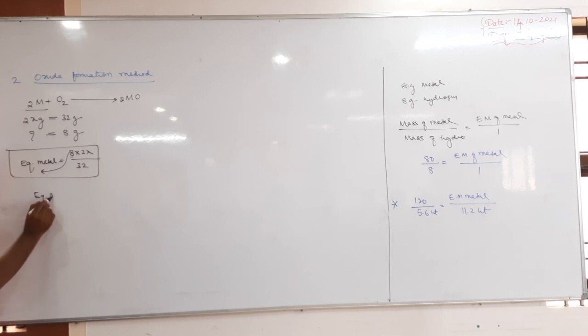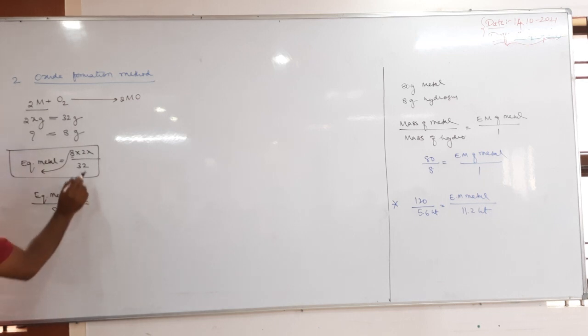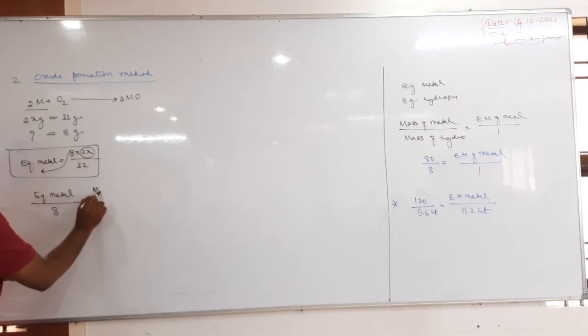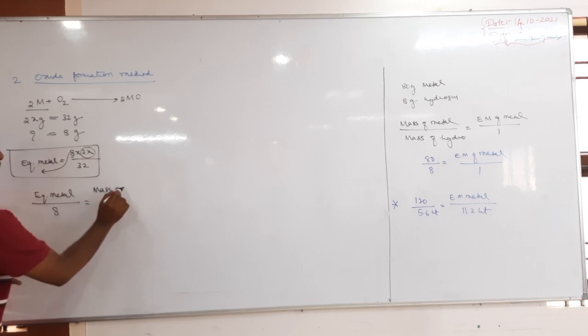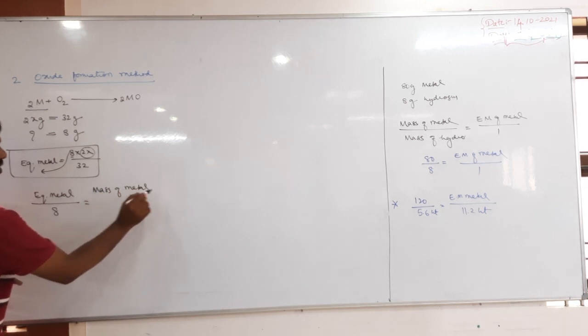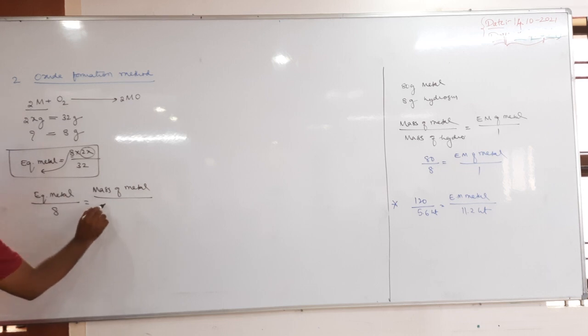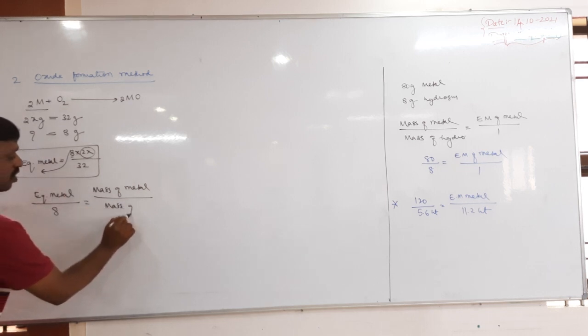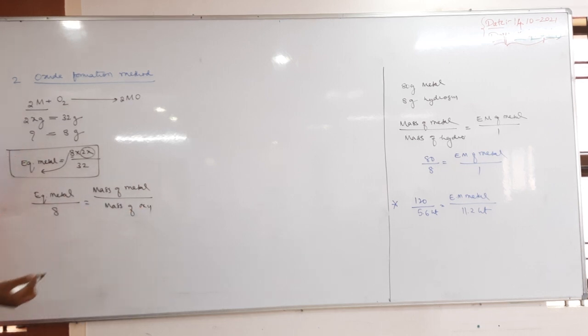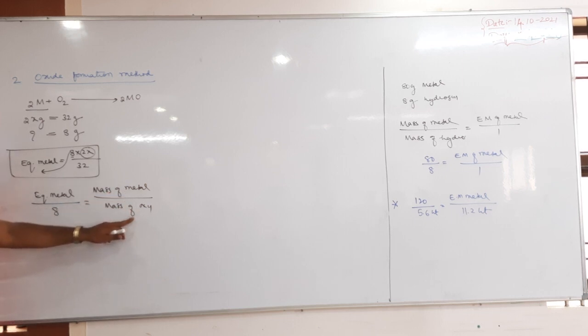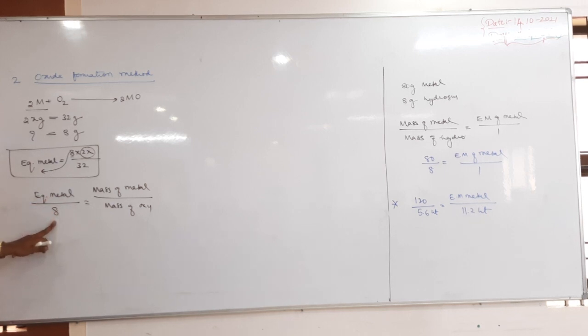Equivalent mass of metal or any element divided by equivalent mass of oxygen 8 is equal to, what is the 2x? Mass of metal or element divided by, what is the 32? Mass of oxygen. Again the same formula: mass of metal by mass of oxygen is equal to equivalent mass of metal by equivalent mass of oxygen. This is the oxide formation method.